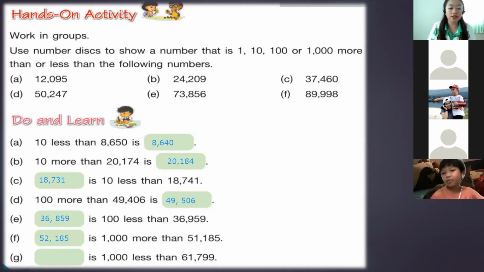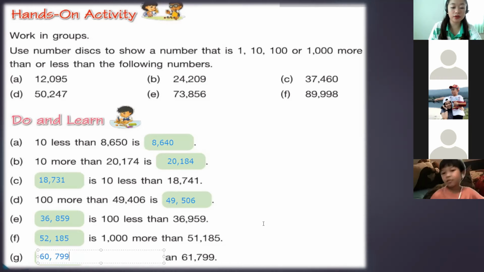Okay, so the last letter, we have letter G. Blank is 1,000 less than 61,799. So we're going to subtract 1,000 from 61,799. So 61,799 minus 1,000 is equal to 60,799.